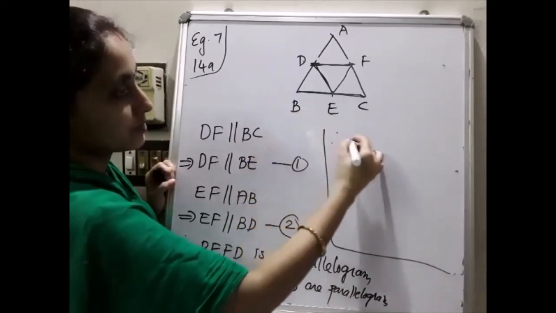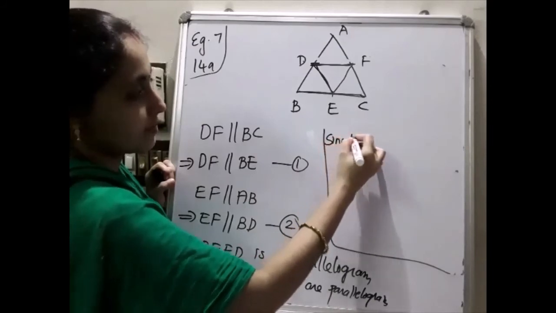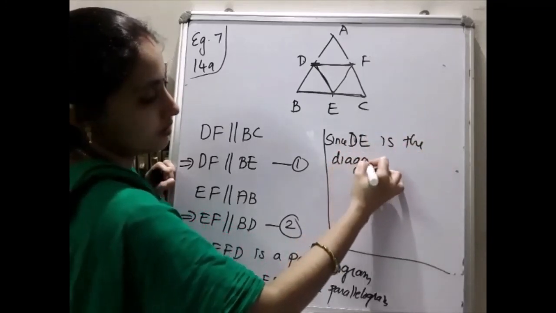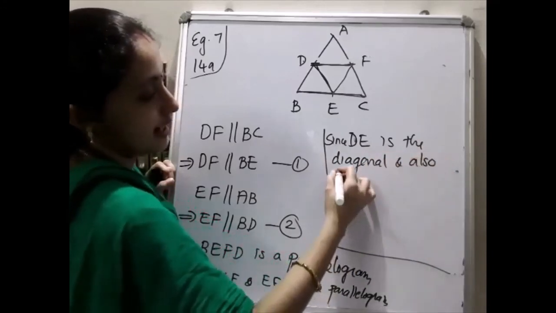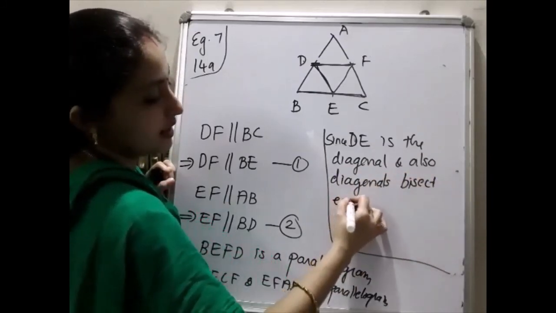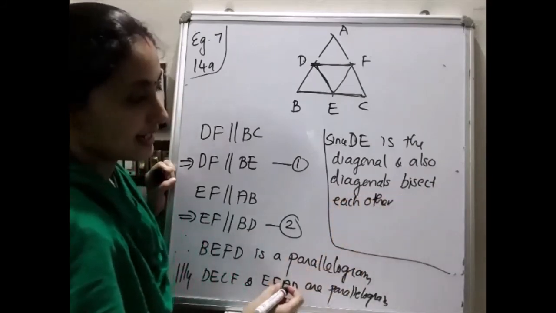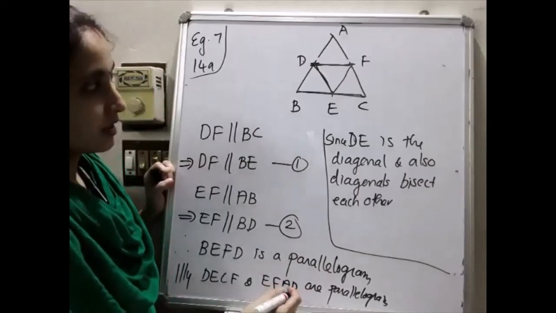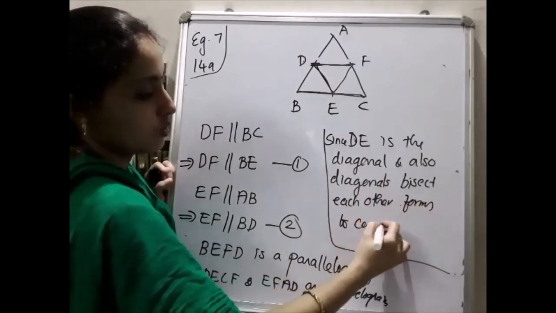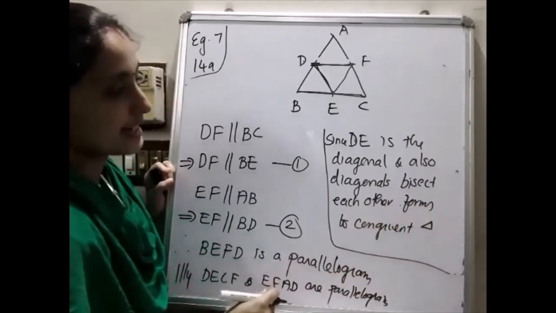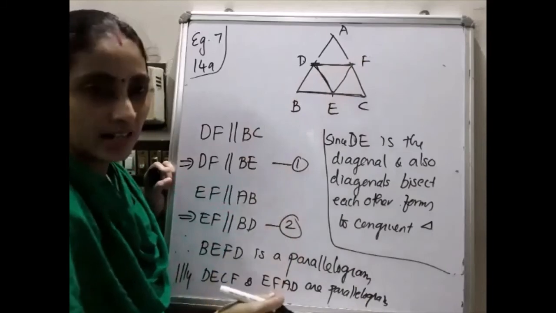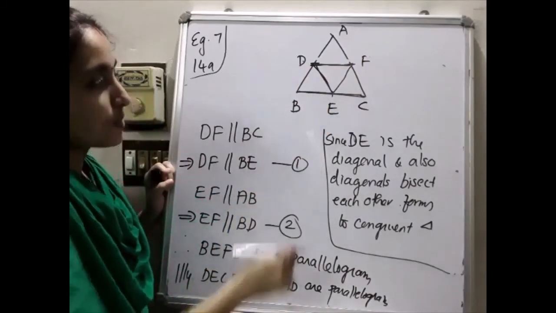That means this parallelogram, the diagonal DE divides this parallelogram into 2 congruent triangles. Therefore, we can write, since DE is a diagonal and also diagonals bisect each other, it forms 2 congruent triangles.